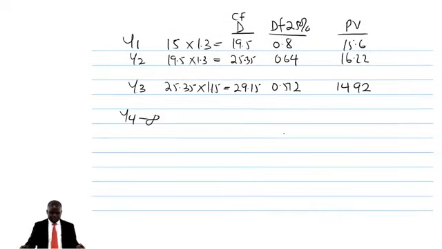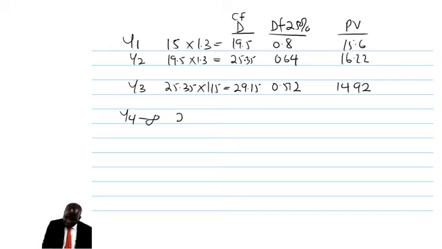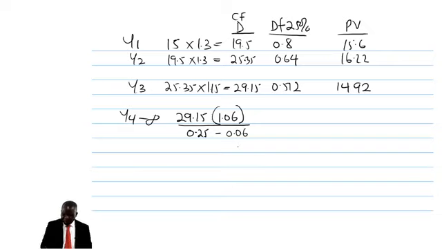So I'm picking year 3 as my base, the 29.15, and that is subject to the growth to perpetuity of what? 6%, divided by the cost of equity of 25% minus the growth rate of 0.06. Because I haven't started from year 1, I'm starting from year 3 as the base, it means I have to rediscount it to year 0.